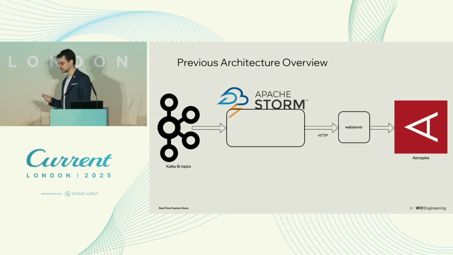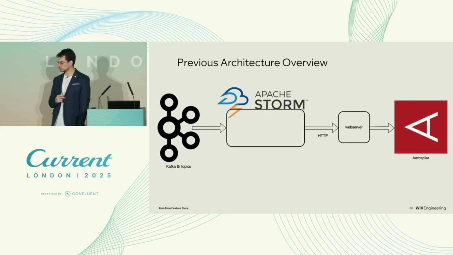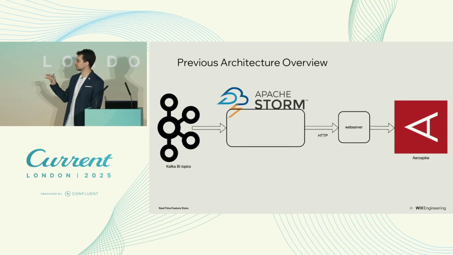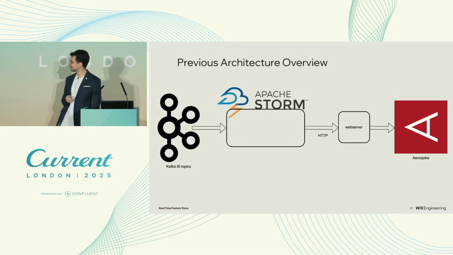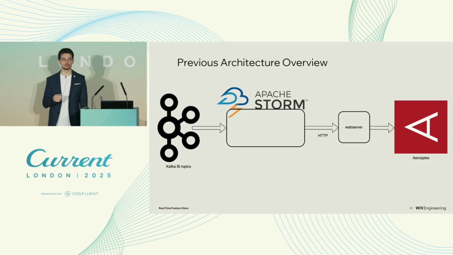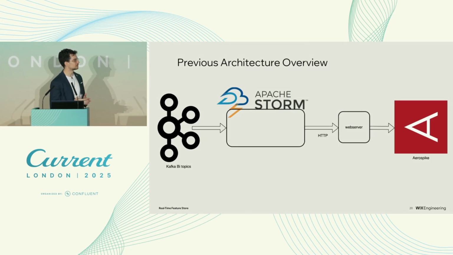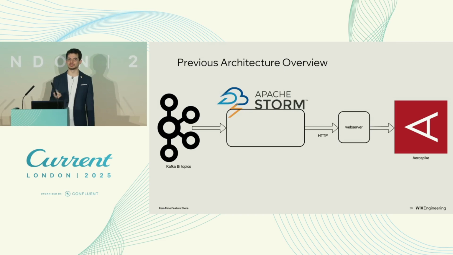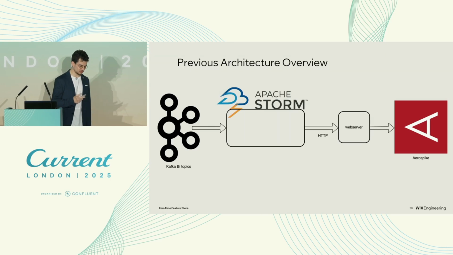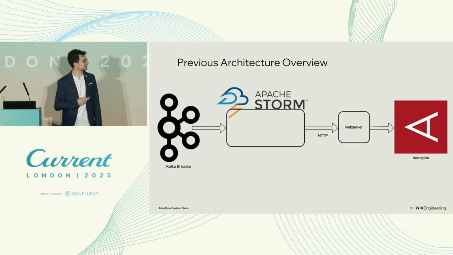So before we continue, I want to focus for a minute on the Apache Storm and the web server. I want you to know that all of these are in memory, right? Everything is in memory. There's no persistency layer in between. So it might sound pretty terrifying for a lot of you, and it pretty much is.